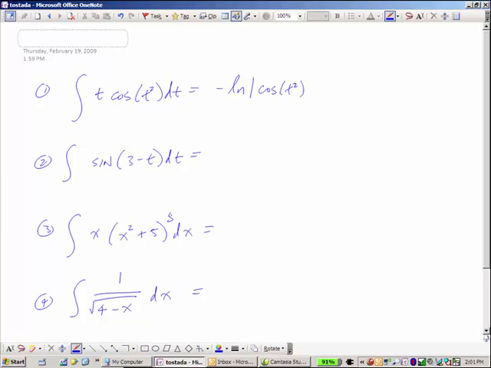So if I took the derivative of the natural log function, the derivative would be 1 over cosine t squared. And then I have to chain on the derivative of cosine t squared. Negative sine t squared is the derivative of that. And then the chain, yeah, that's not going to work.